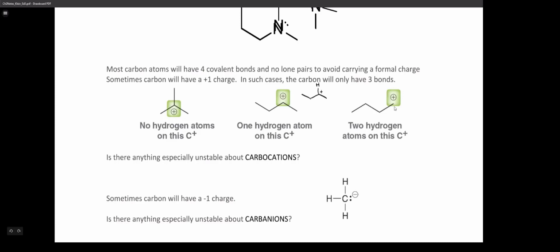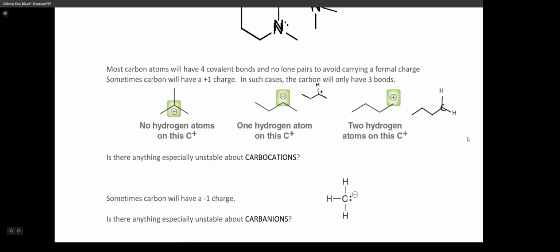And finally, this last one. If this has a plus, that means we only see 1 bond. If it's plus, it needs 3 bonds. So there'd be 2 hydrogens there. So I would usually write that again more like this, because it's less confusing if you draw in those 2 hydrogens.